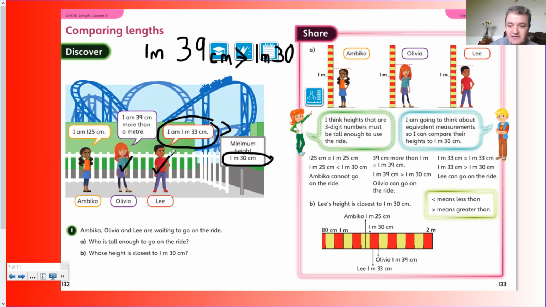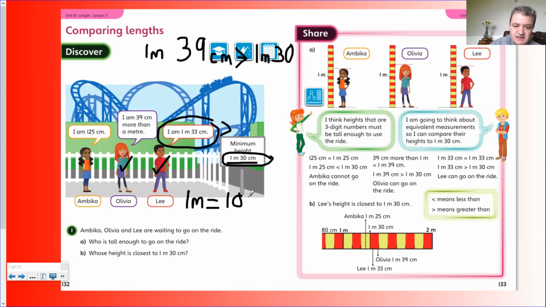So she's given her measurement just in centimeters. So what I'm going to do is convert that into the same method here. So she is 125 centimeters. We know that 1 meter is equivalent to 100 centimeters.